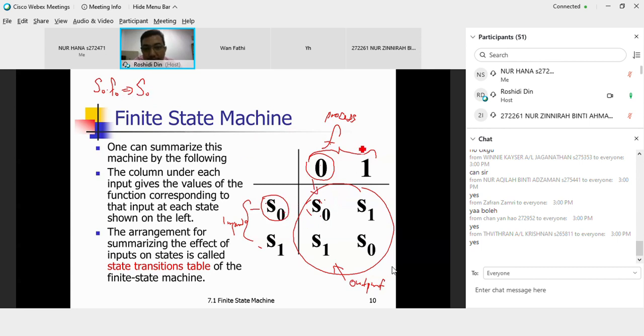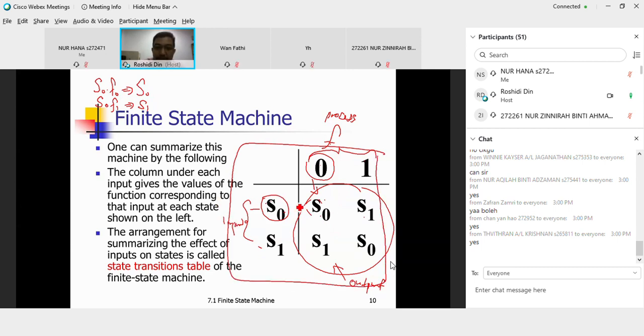S0 with F1 will be S1, and so on. So you must remember this table. This table we do not call a matrix, we call it STT, state transition table.